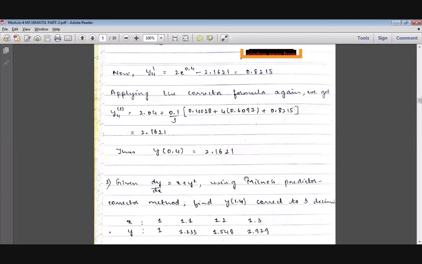Don't see these notes and the notes which I sent you. Try to solve this. I'll give 5 minutes. If you get any doubts, you can ask.